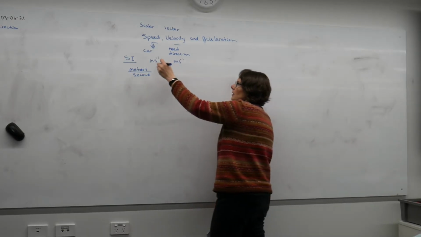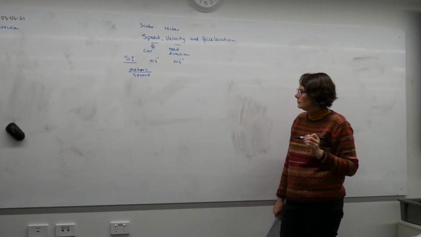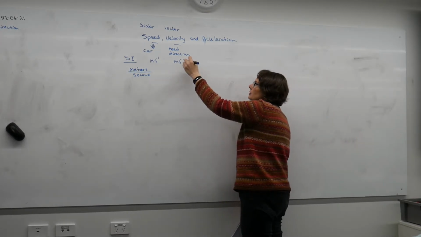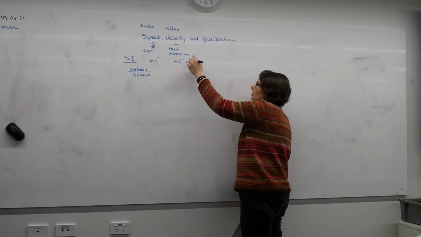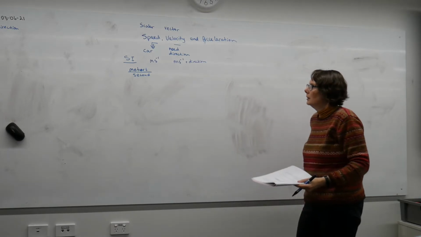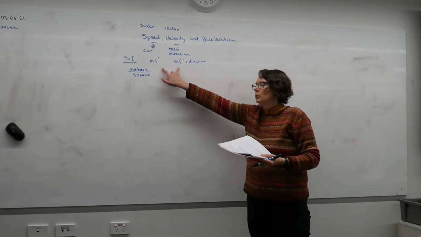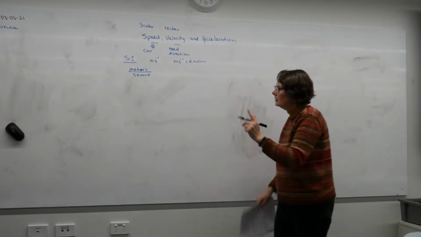That's what the power of -1 means. However, for velocity it is meters per second plus direction. But when you're doing your calculations, you would be calculating your meters per second.